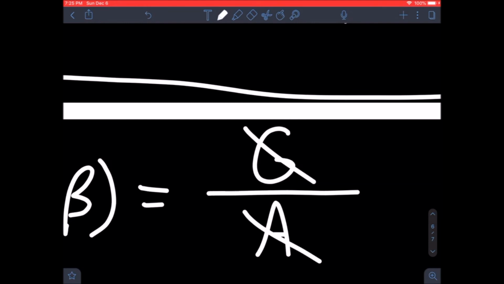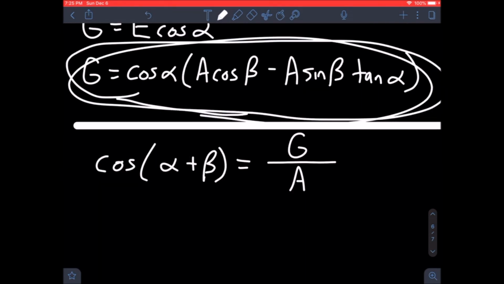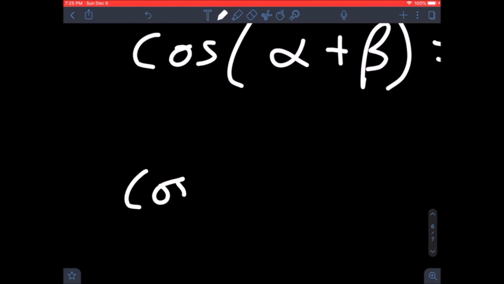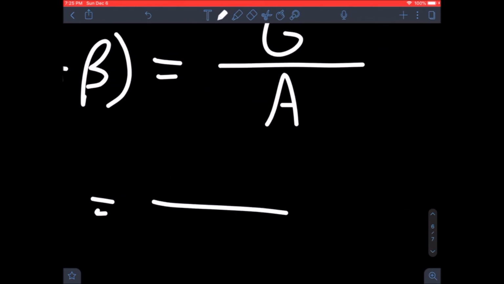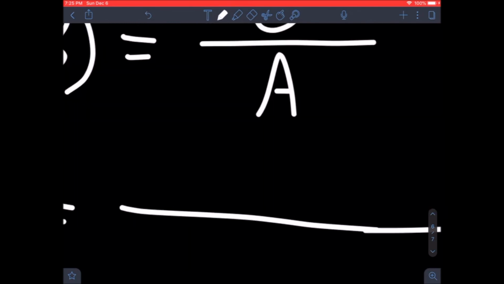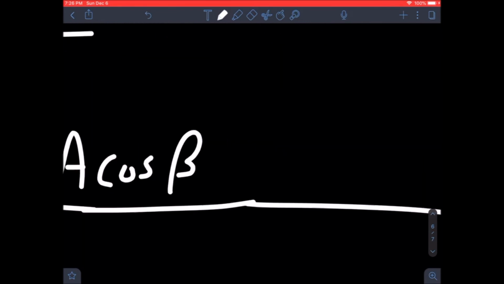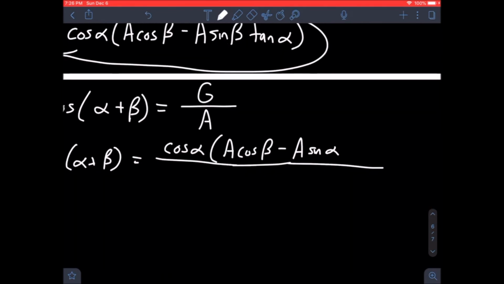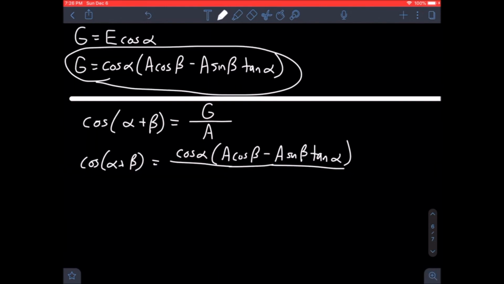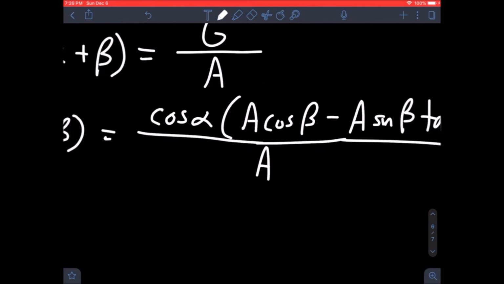We found it, so we're ready to substitute that in. This is what we have for G, and this is all divided by A.